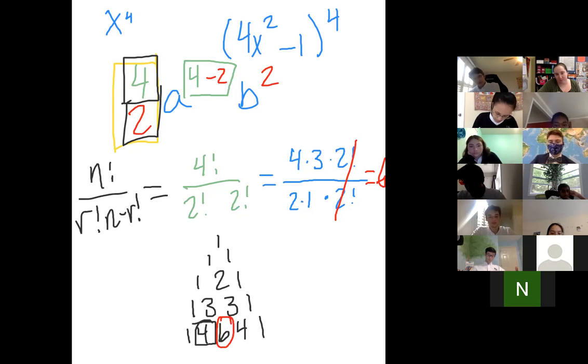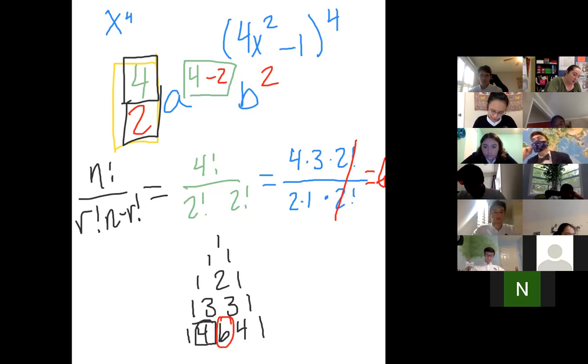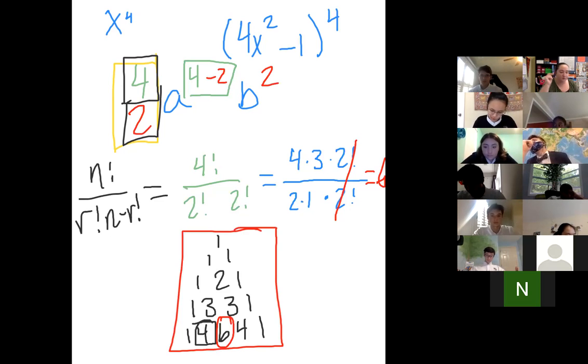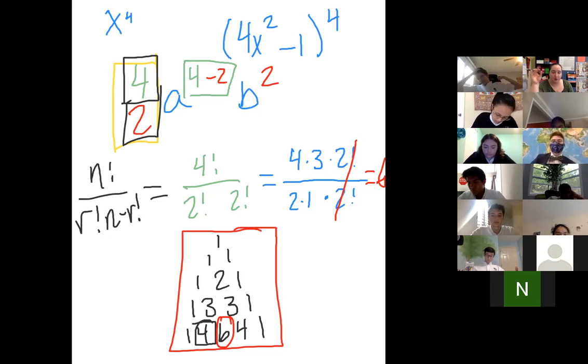See how those are the same number? Yes. So whichever one is faster and easier for you, you can use either one. I encourage you to know both, because if you have the first few rows memorized, that one should be really quick. Like, oh, I know that number is 6. 4 take 2 is 6. But if you are panicking during the test or it's a larger number, then the other formula is useful to know.